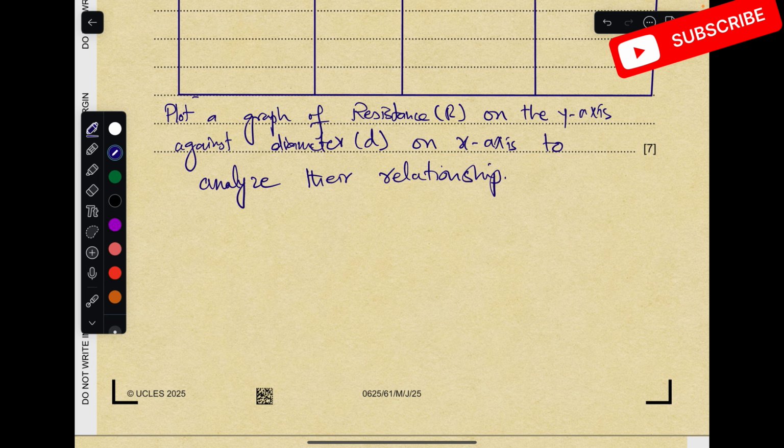Okay, on the x-axis there comes the independent variable, on the y-axis there comes the dependent variable. That's it, you are done with the paper.